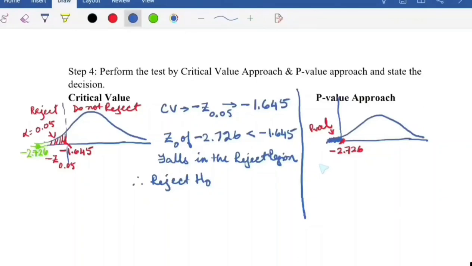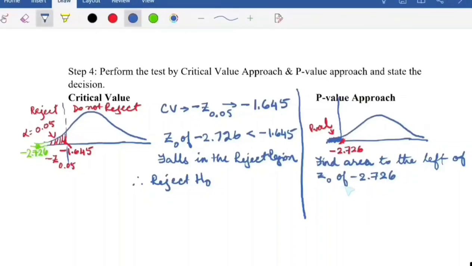All right, so find the area to the left of the test statistic value z sub 0 of negative 2.726. So we are finding the area to the left of negative 2.726, which is the p-value.